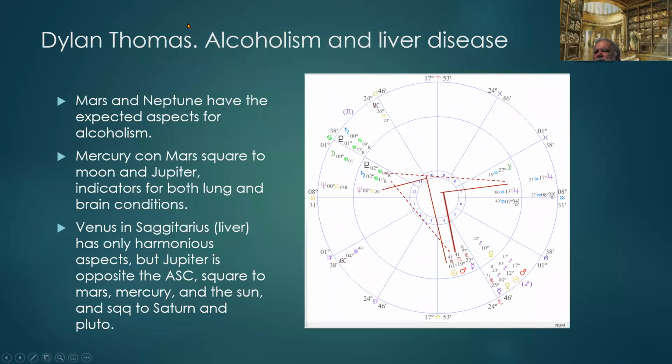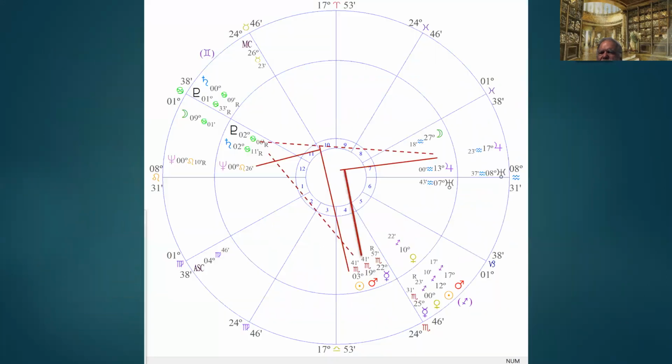And I made a mistake here: I put Venus in Sagittarius for liver. I apologize, Sagittarius does not rule liver. The big deal here is Jupiter. Jupiter is opposite the ascendant, and it has pretty much everything wrong with it.